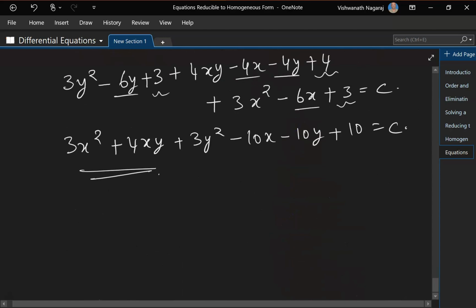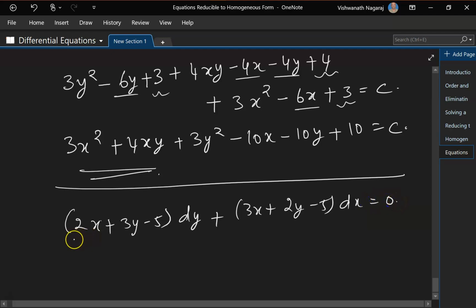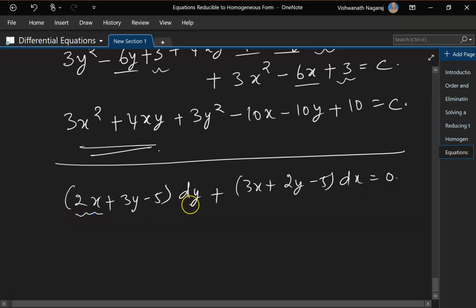Now there is another way in which you can do this same problem. Let's see. 2x plus 3y minus 5 dy plus 3x plus 2y minus 5 dx is equal to 0. Now here, 2x dy and 2y dx, the coefficient is the same, so let's regroup them.